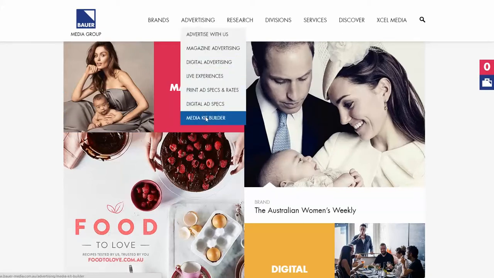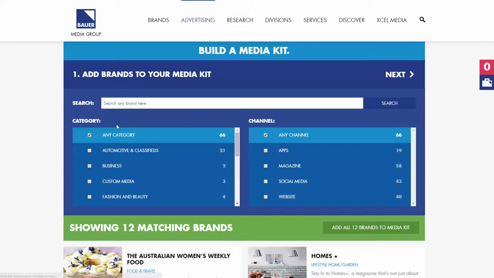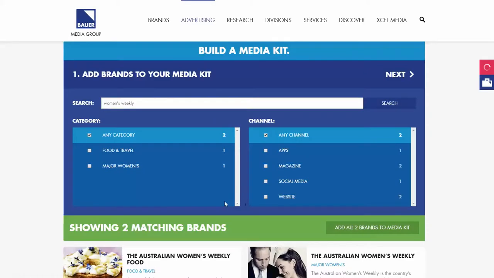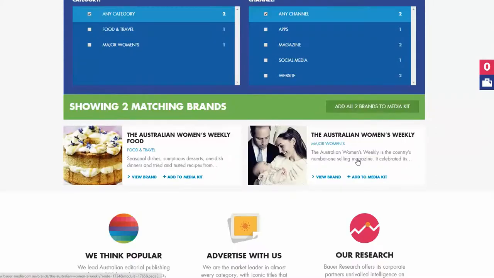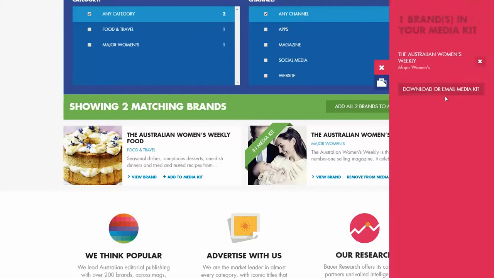then you will click and find that they have a media builder. And then if you want Women's Weekly, go to search, it should bring up the Australian Women's Weekly. If you click on Add to Media Kit, it will give you up here the Media Kit.